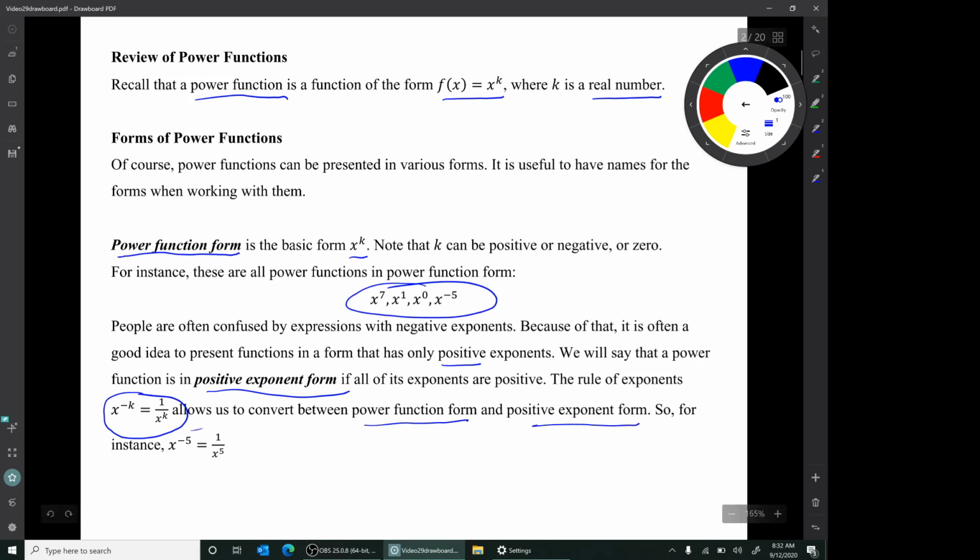So, for instance, x to the minus 5 is the same as 1 over x to the 5. So on the left, we have an expression in power function form, and on the right, we have an expression in positive exponent form. Same function, just different presentations.